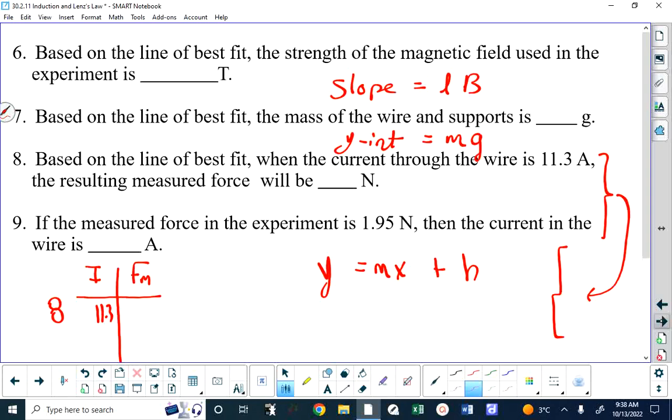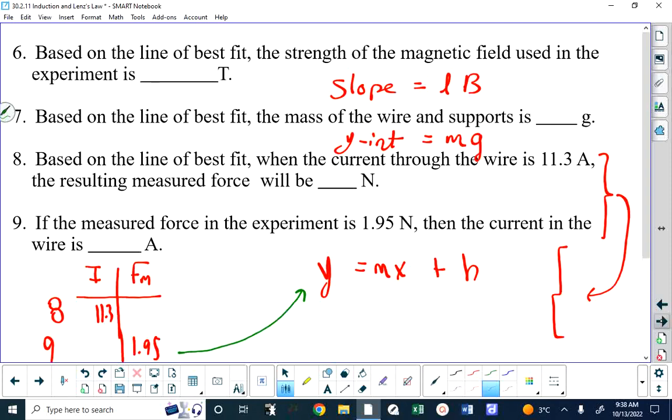You're not going to use F equals ILB. You have to use the equation of that line. And then for number 9, you've got 1.95 newtons. For question 9, you're going to put that in here to get X.